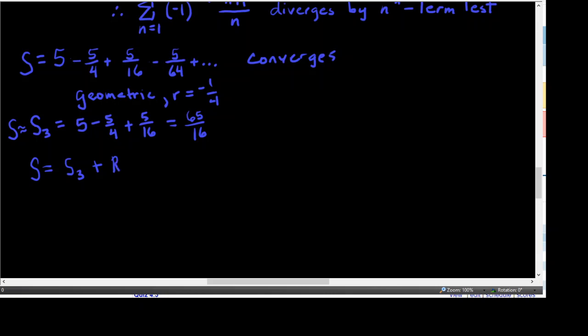The remainder after three things have been pulled off is going to be denoted by capital R sub 3, for the remainder of the series, is what the R stands for. And the 3 means after pulling off the first three, this is what's left.